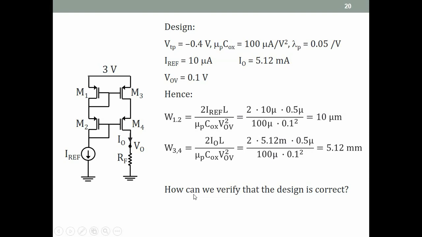Here what we want to verify is that this circuit with these W's and the Iref of 10 microamps will give an output such that as VO changes from 0 volts to 2 volts, the current will change only by 2 microamperes. All right, so how do we verify this? So you please think about it.